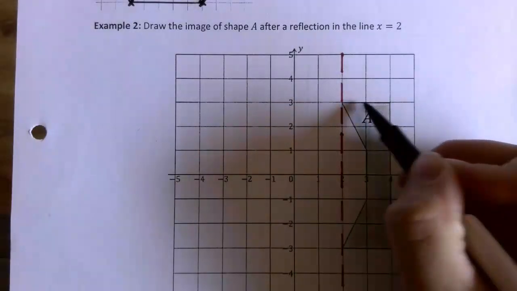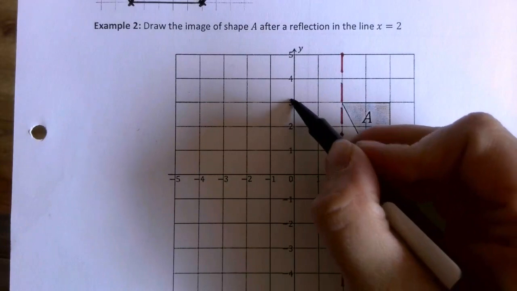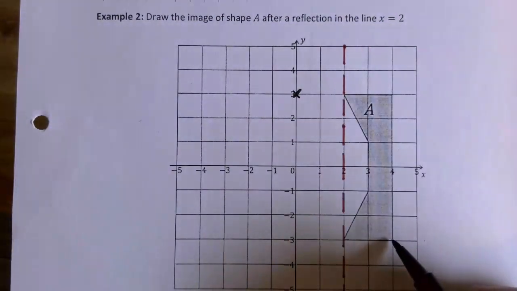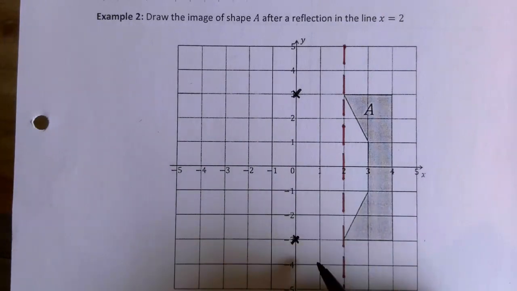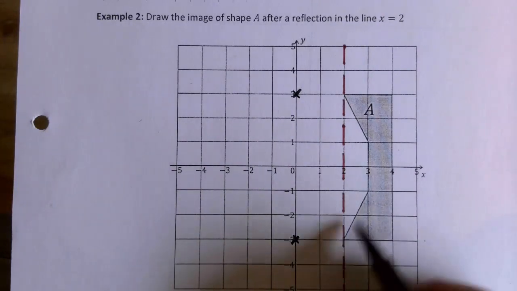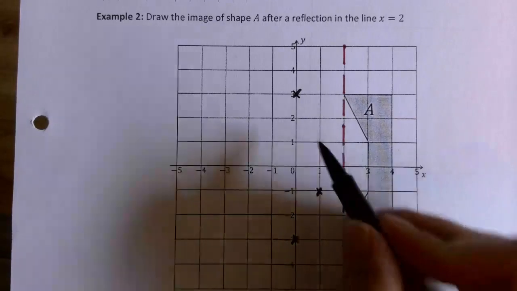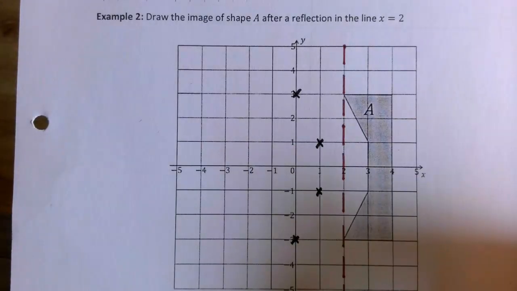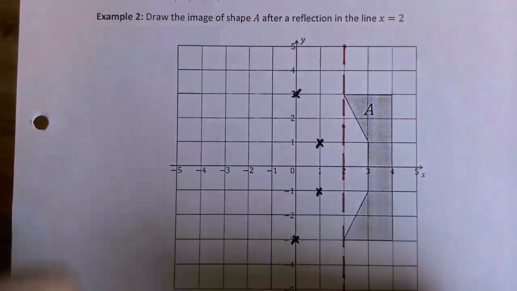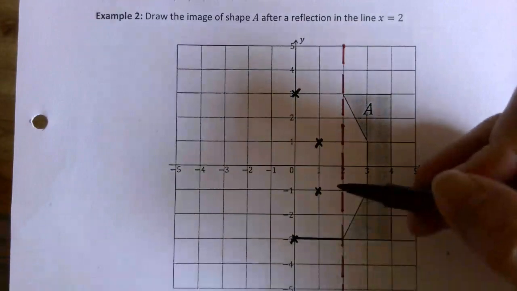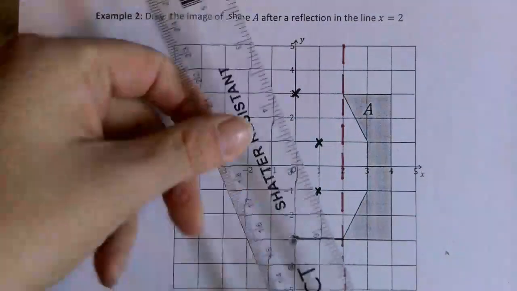This point is 2 squares away, so that's the equivalent on the other side. Working down here, this one, 2 squares. This one's the same. This one is 1 square. This one also 1 square. And that's it.